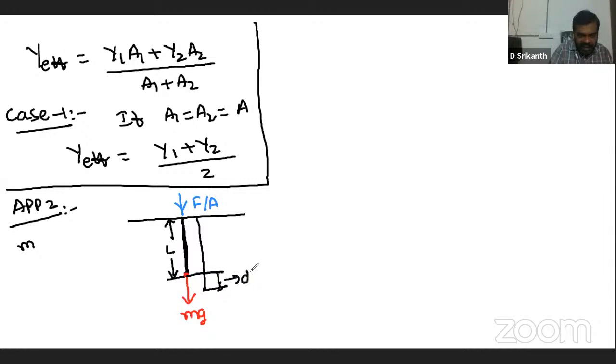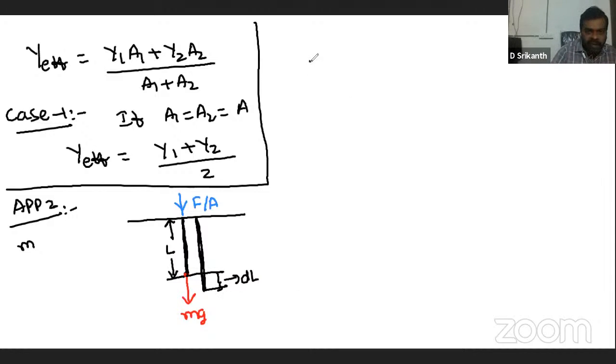I will consider it as dl. Before applying the stress, the length of the wire is L. After applying the stress, there is a small change in the length.